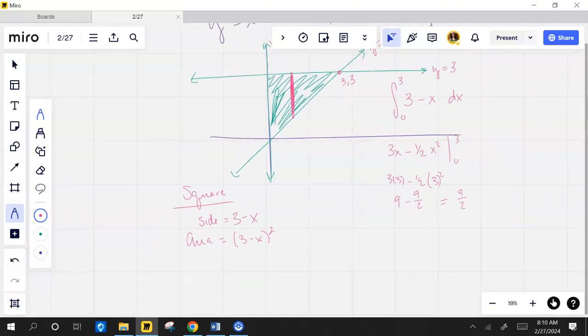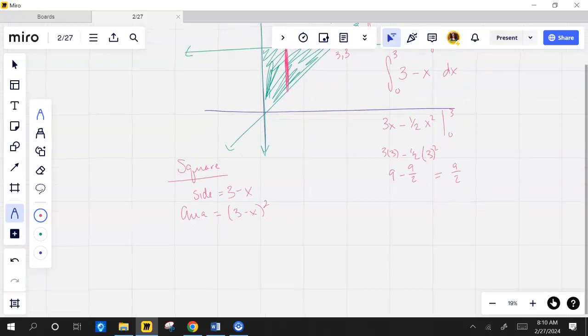So then the volume, I'm still going from 0 to 3, and I'm doing 3 minus x squared. And it says use a calculator after you set up the integral.